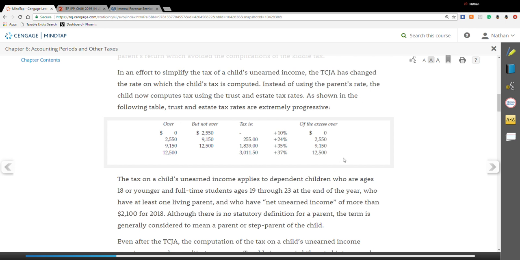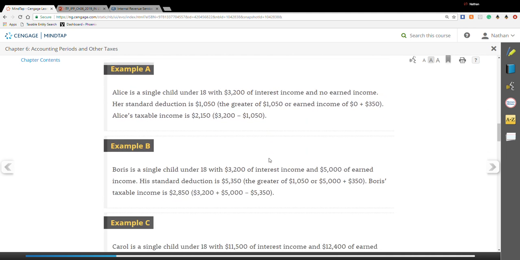This is basically how the child tax is computed. 2,550 to 9,150, tax is about $255 plus 24% of the excess over 2,550. Then 9,150 to 12,500, tax is 1,839 plus 35%. So as you can see, there are these percentages that are added on. And again, we've got these examples going on.